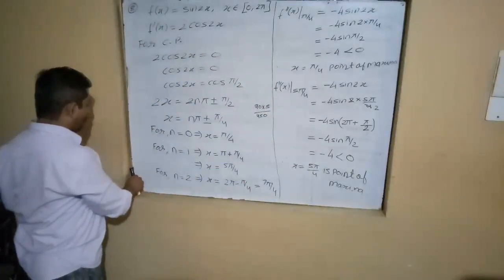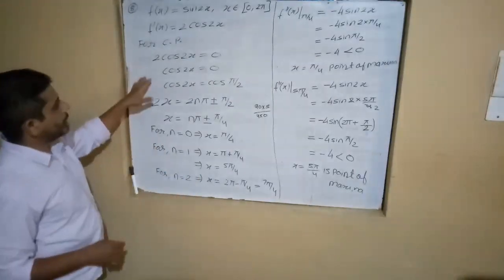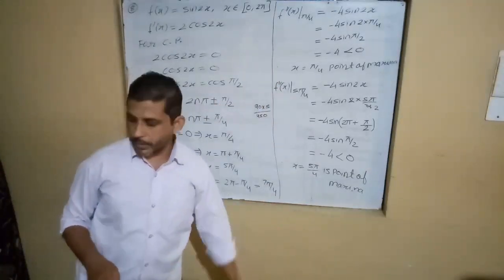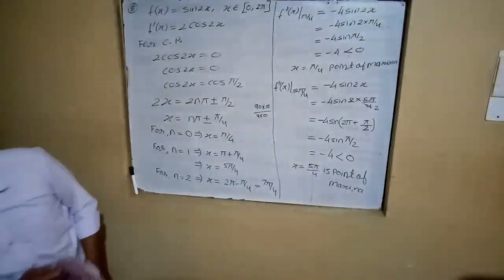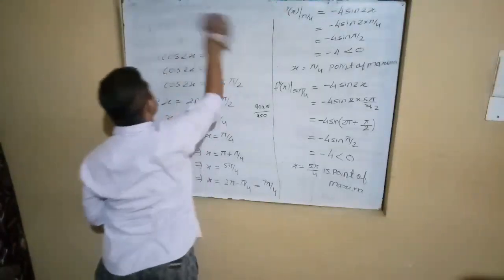So I hope you understood how to solve such type of question and how to find the critical point, then maximum and minimum value. Okay, so we will do the next question now.